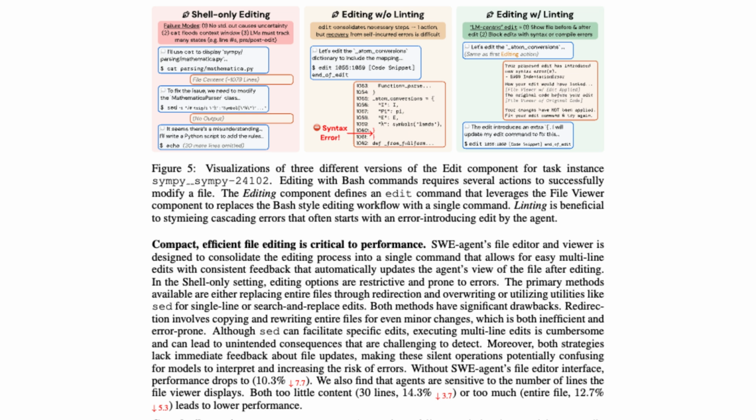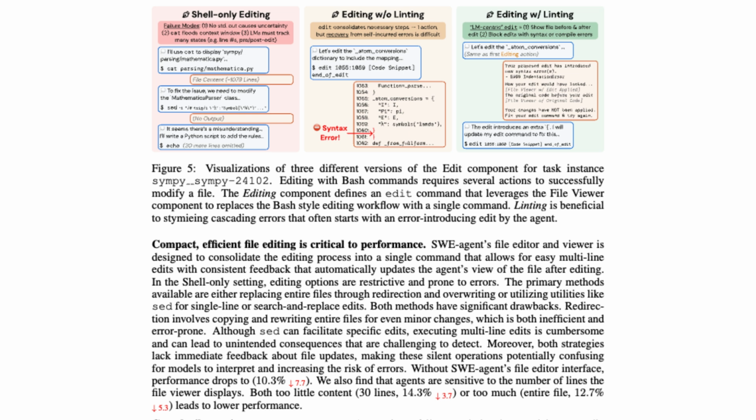Redirection involves copying and rewriting entire files for even minor changes, which is both inefficient and error-prone. Although sed can facilitate specific edits, executing multi-line edits is cumbersome and can lead to unintended consequences that are challenging to detect.